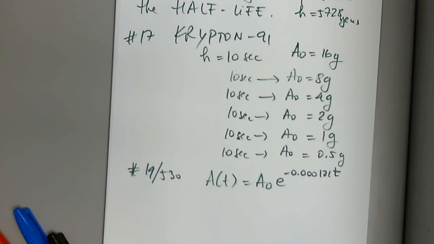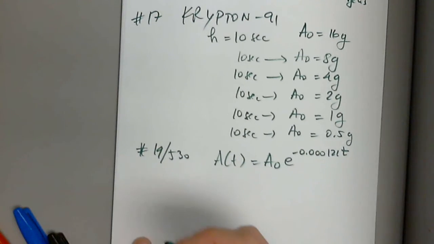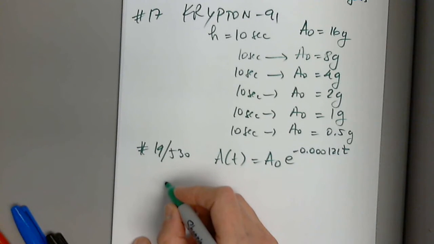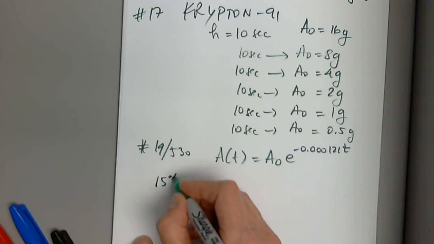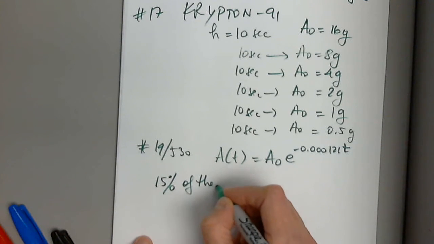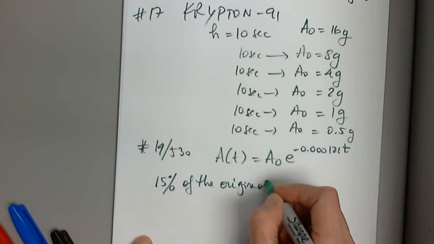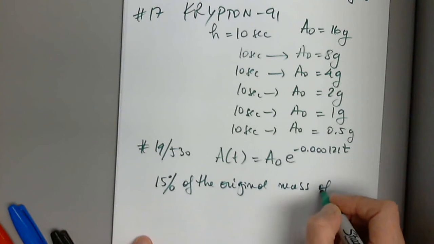They said that prehistoric cave paintings were discovered in a cave in France. The paint contained 15% of the original carbon-14. So they discovered them, let's say, today, and they measured the content of carbon-14, and it has 15% of the original mass.